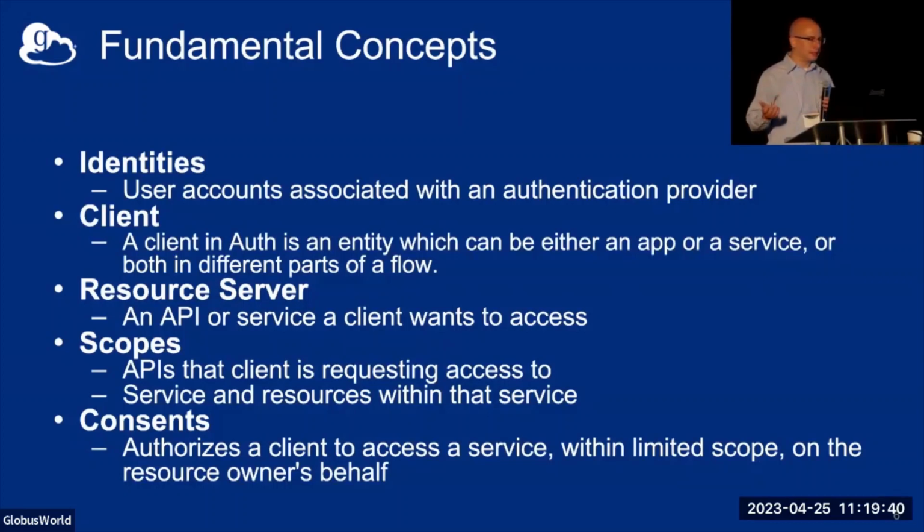First is an identity. An identity is basically a user account. So anything that you do against Globus is going to have some identity associated with it. Anytime you access the Transfer API, the Search API, or the Compute API, that access is going to be done as some user, some identity.